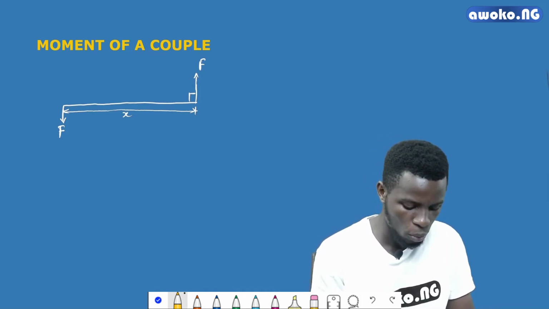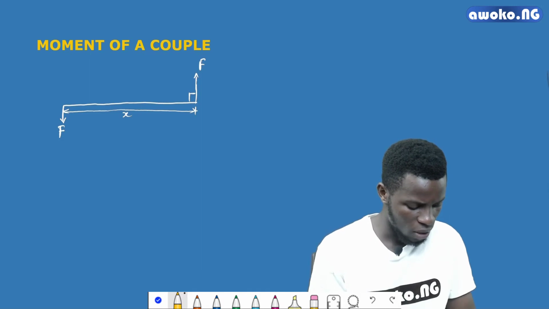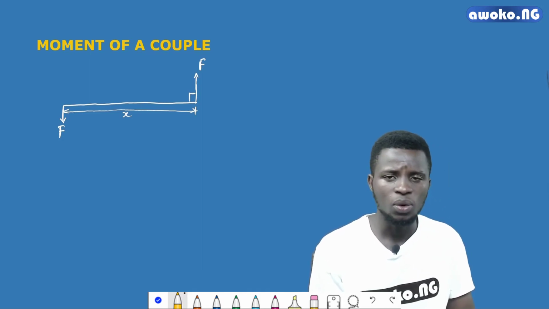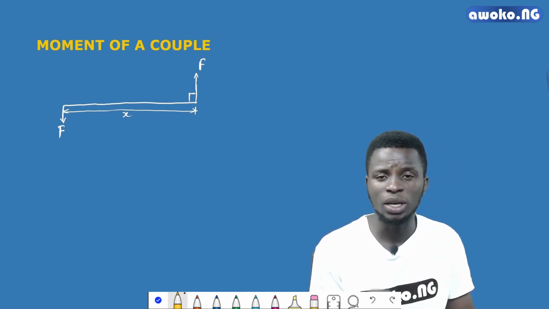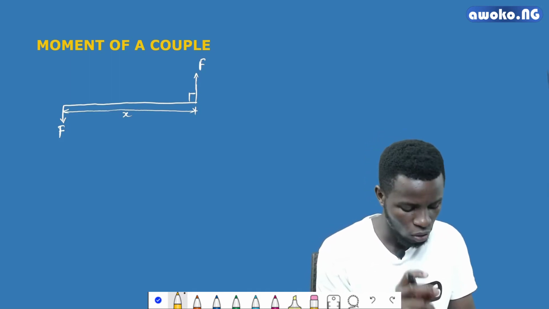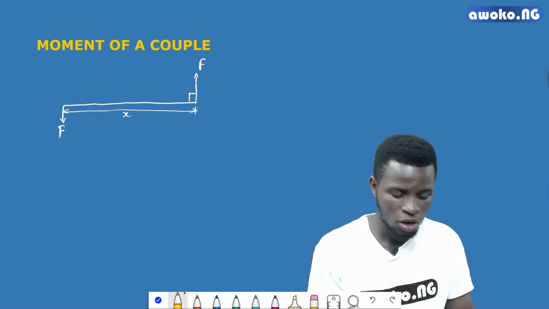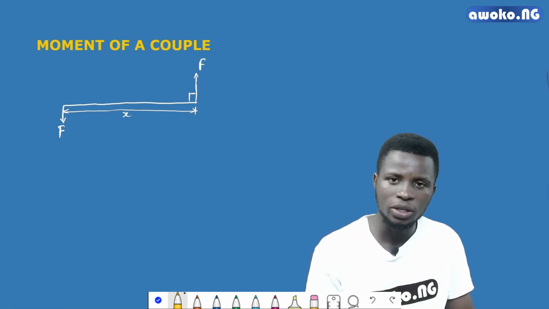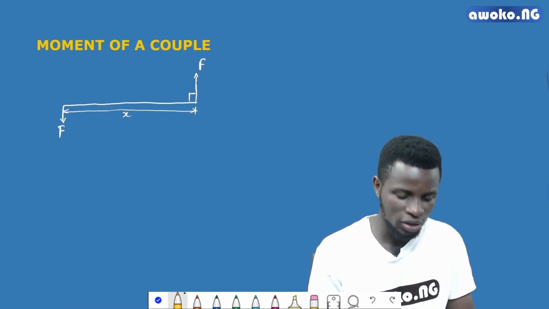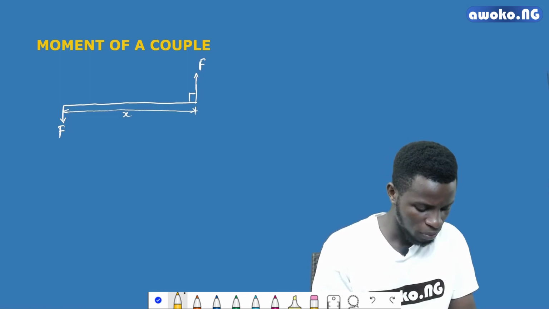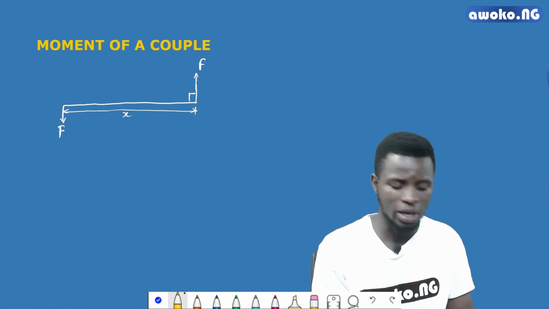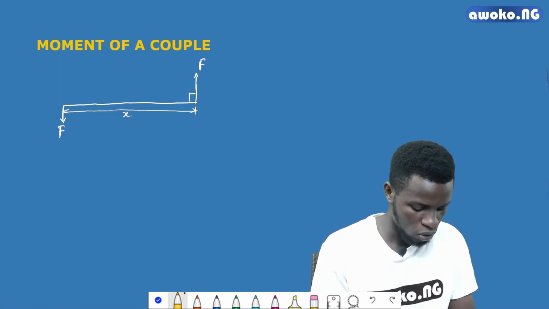This is acting upwards while this is acting downwards, and just like we pointed out, the major reason why we need a couple is to prevent or to produce the turning of a body. So this is the pictorial representation of what we just talked about.